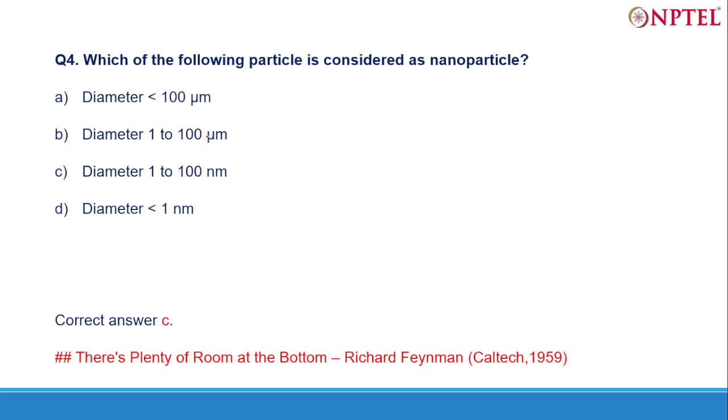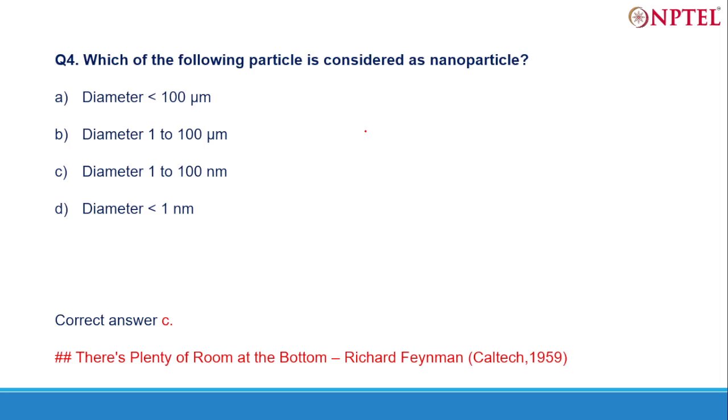This is question 4. Question 4 is: which of the following particles is considered a nanoparticle? What we have to observe here is that this question basically talks about the definition of a nanoparticle. Which particle can be called a nanoparticle?